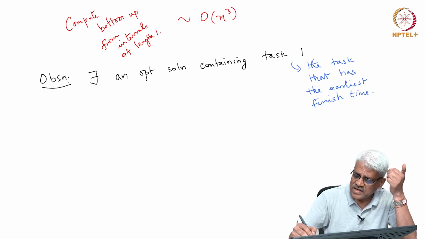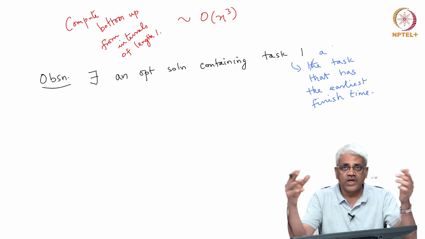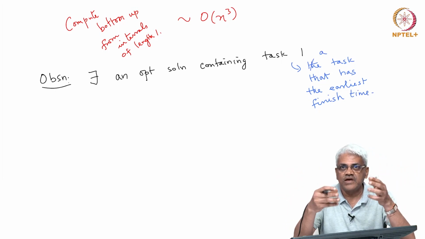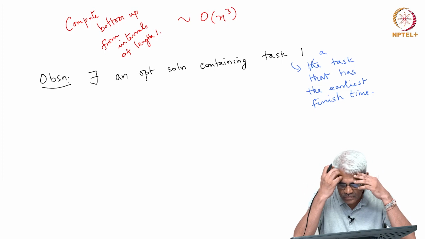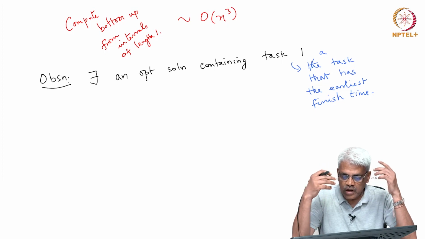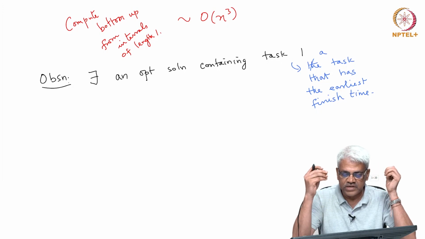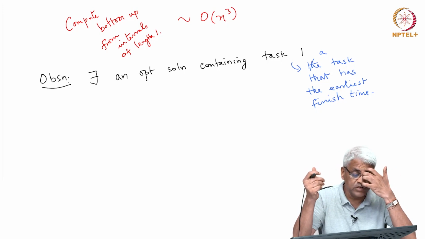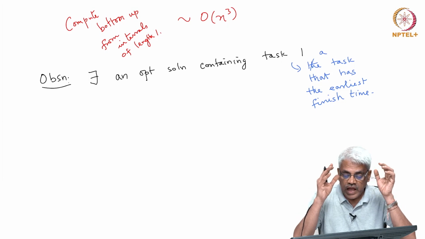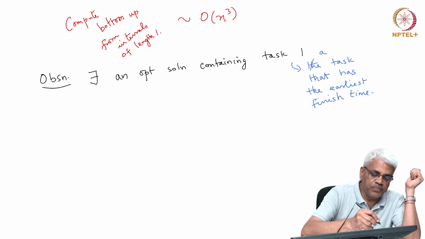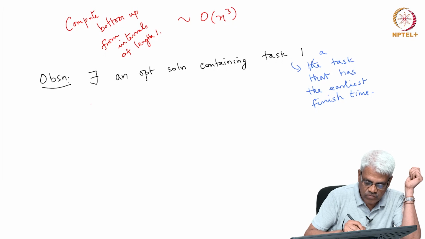If there is more than one task with the same finish time, you pick one arbitrarily. I'll explain what this observation means. It tells you that it is safe to pick the first task.